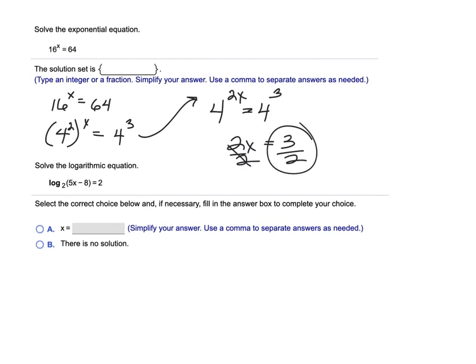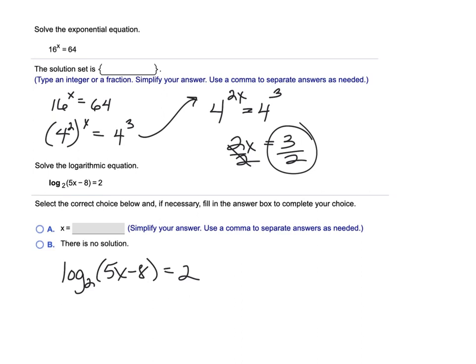Okay, let's look at this log equation. We've actually done one like this before. You have your log base 2 equals 2. To solve log equations, remember, we have to get rid of the log. In this case, the way we can get rid of the log is to convert to exponential form. So let's do that.